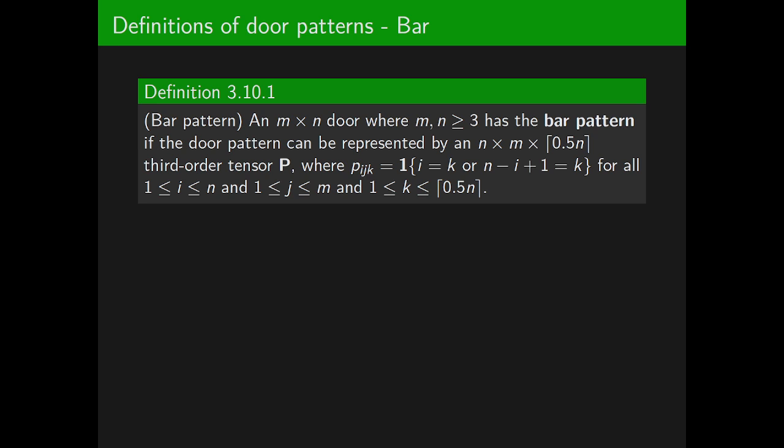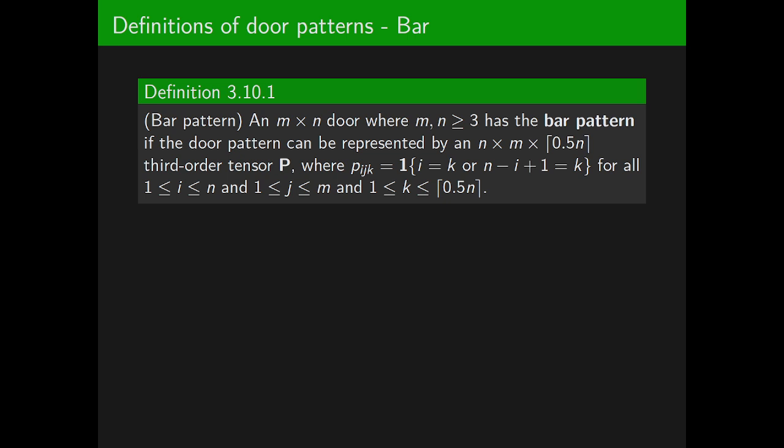So, for P_ijk, the function expression is i equals k, or n minus i plus 1 equals k. So you can see the relationship between the bar pattern and the pitch pattern. n minus i plus 1 equals k is in both. But now for the bar pattern, it has i equals k as well.